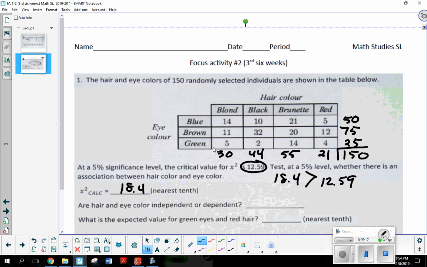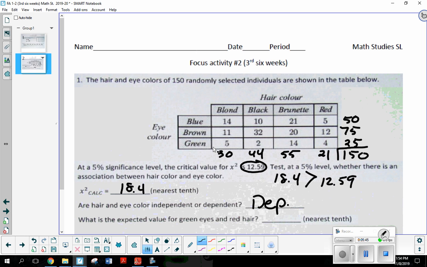Do we accept that null hypothesis that these quantities are independent, or do we reject the null hypothesis? They are not independent, they are dependent. What happens if it's bigger? We reject. If your chi-squared calculated value is larger than the critical, we reject the null hypothesis. They are dependent.